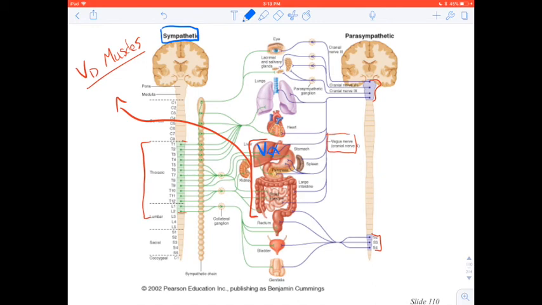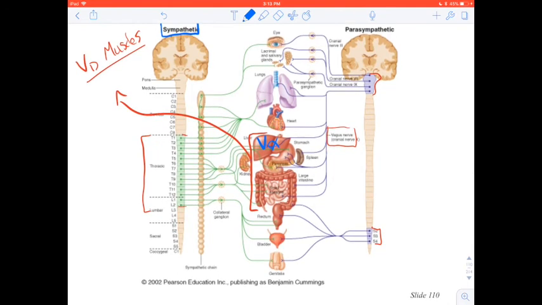Well, this is where we have the difference in those alpha versus beta receptors. On smooth muscle, or on our arterioles, those alpha receptors, so arterioles with alpha receptors, will vasoconstrict whenever they bind epinephrine and norepinephrine. Those beta receptors will vasodilate.